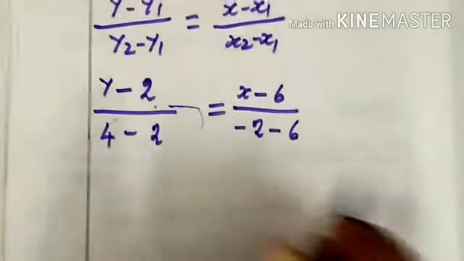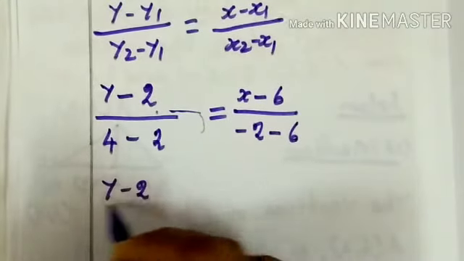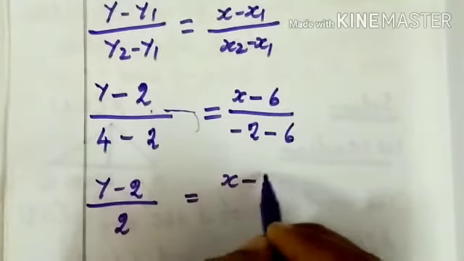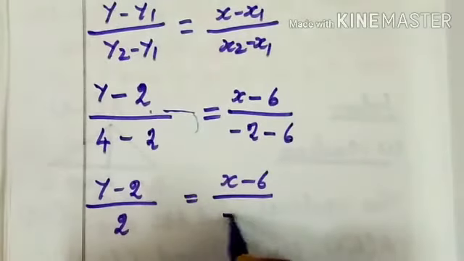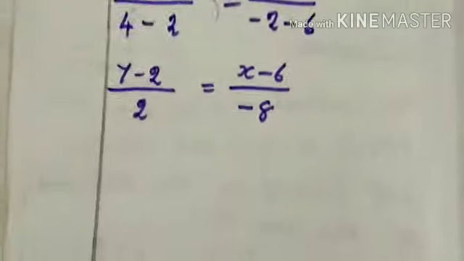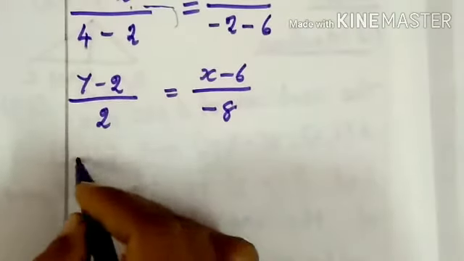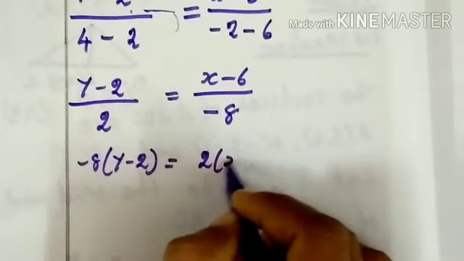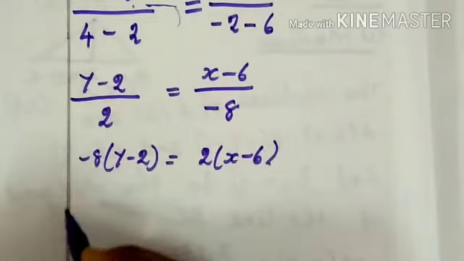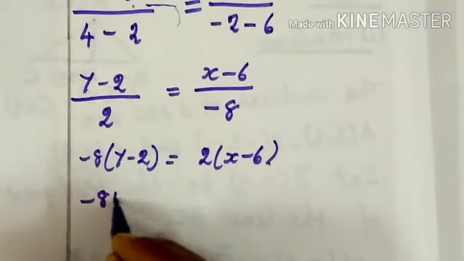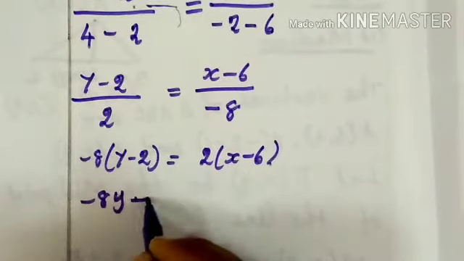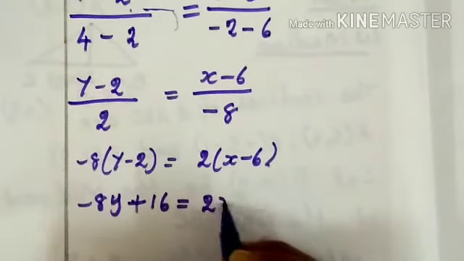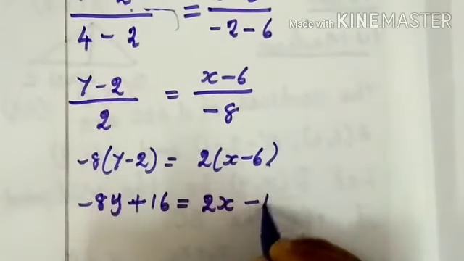Now simplify this: y minus 2 by 4 minus 2 is equal to x minus 6 by -2 minus 6, we get -8. Cross multiply: -8 into (y minus 2) is equal to 2 into (x minus 6). That is -8y plus 16 is equal to 2x minus 12.